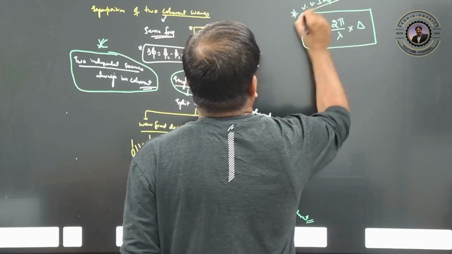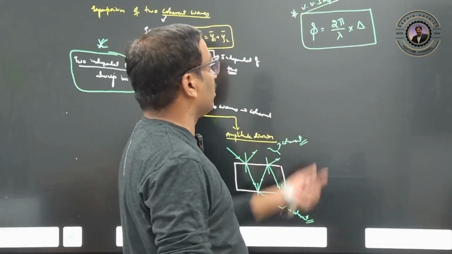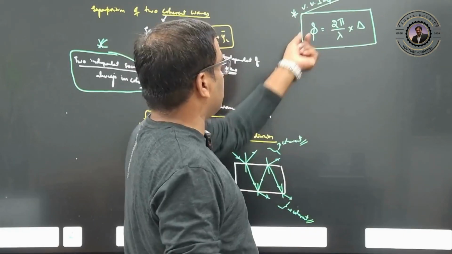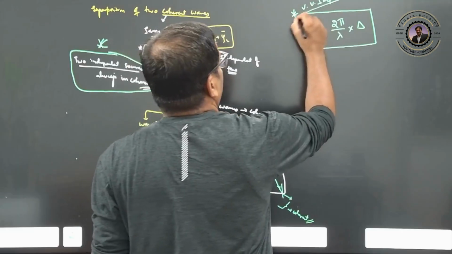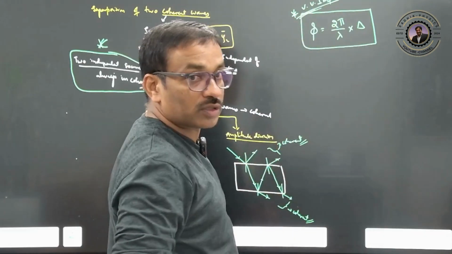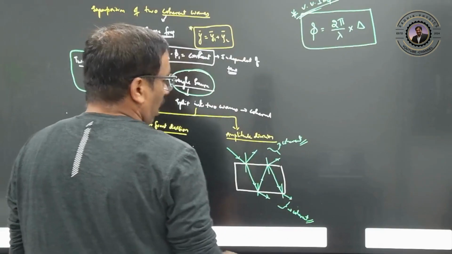Path difference means the difference in the distance travelled. We will mostly use this one. Clear?